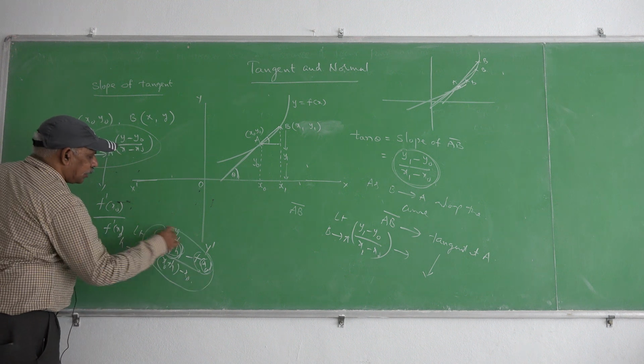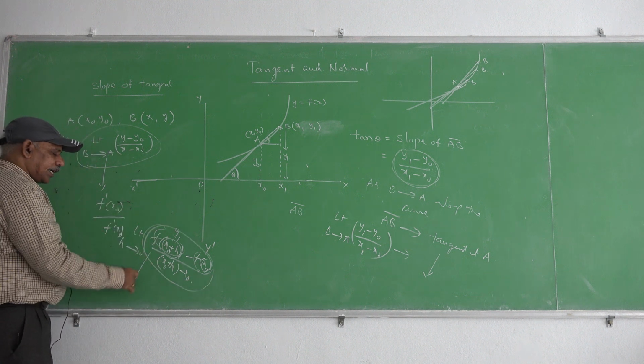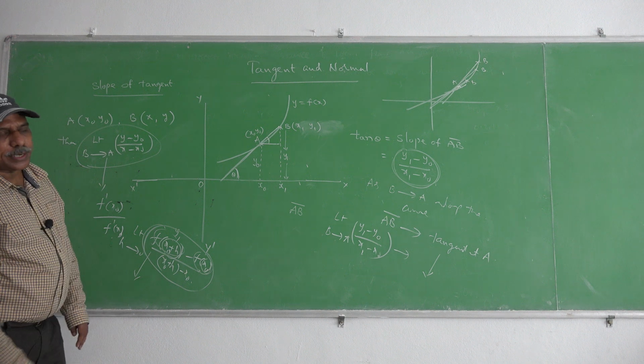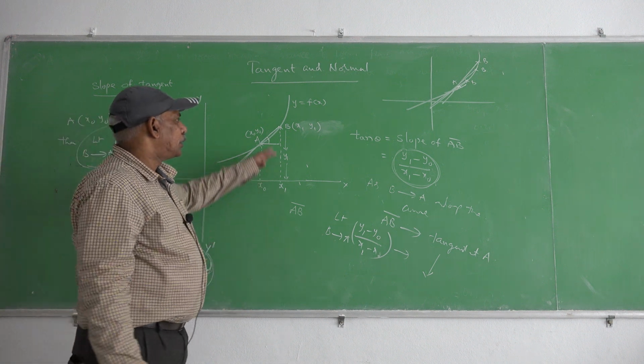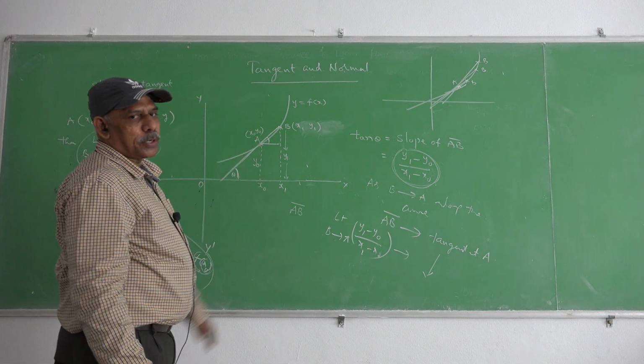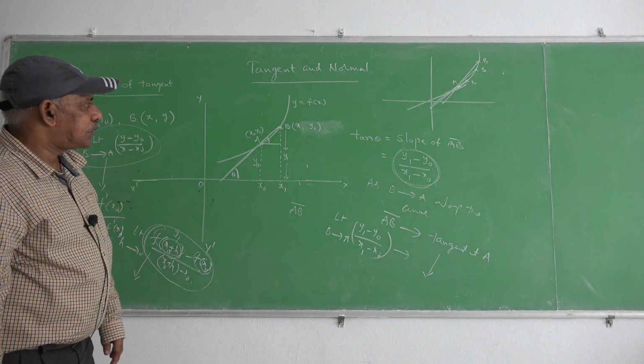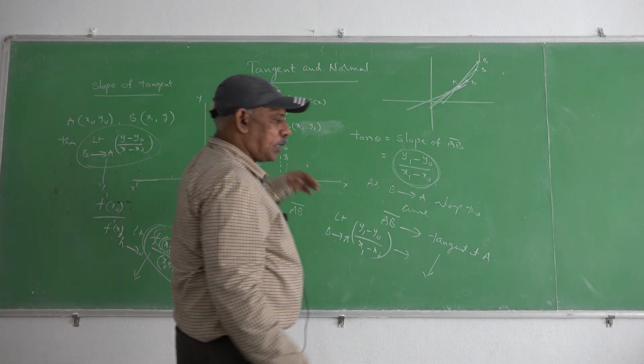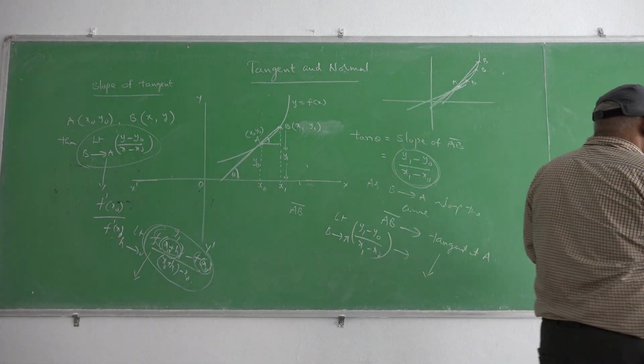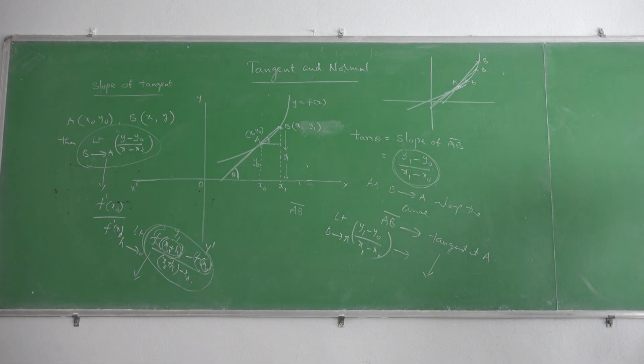So, once this limit exists, the derivative exists, and the derivative gives us the slope of the tangent at that particular point. Hence, the chord slope becomes the tangent slope in such a case.